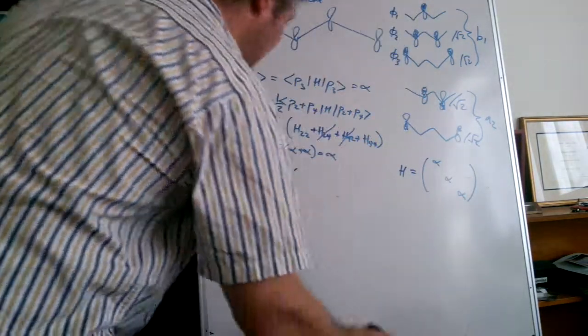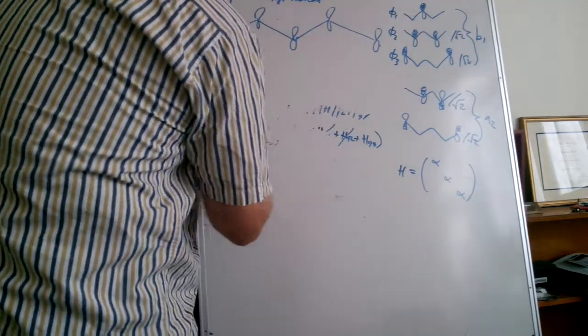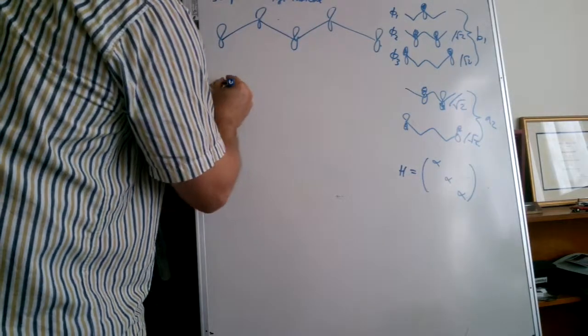All right, what are the off-diagonal matrix elements? Let's figure this out. So let's do 1, 2.